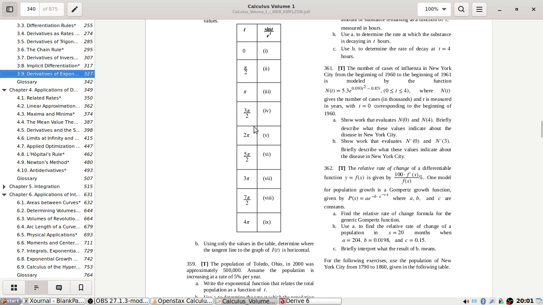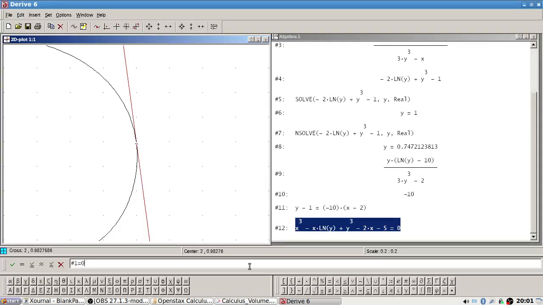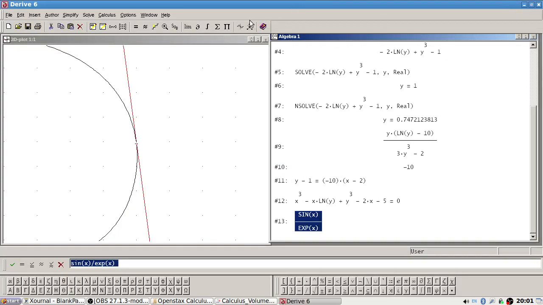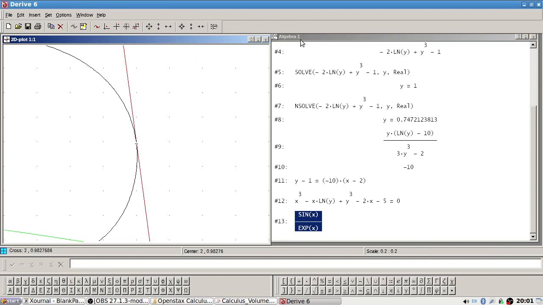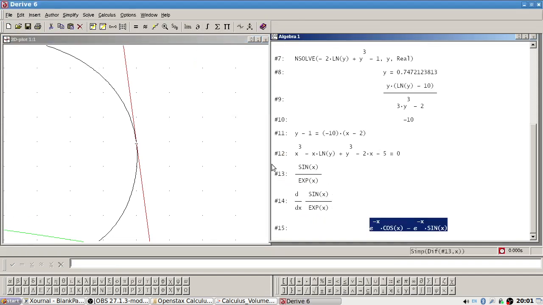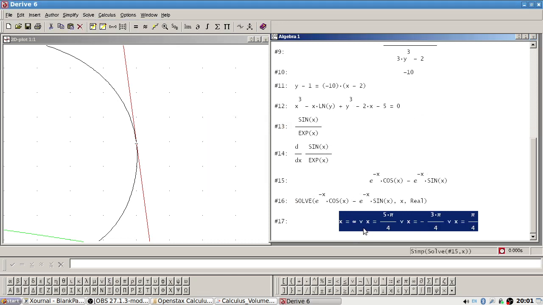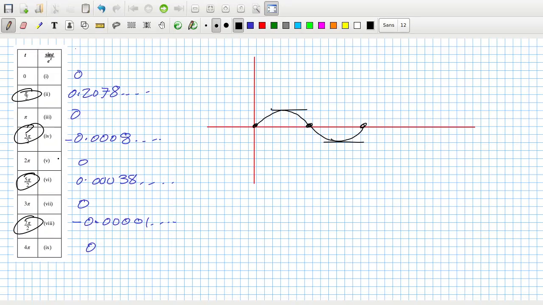But I guess I could solve it here. Sine x over exponential of x. I don't want to graph it. I want to differentiate it and then solve it. Pi over 4. Oh, so maybe it's not exactly in the middle.